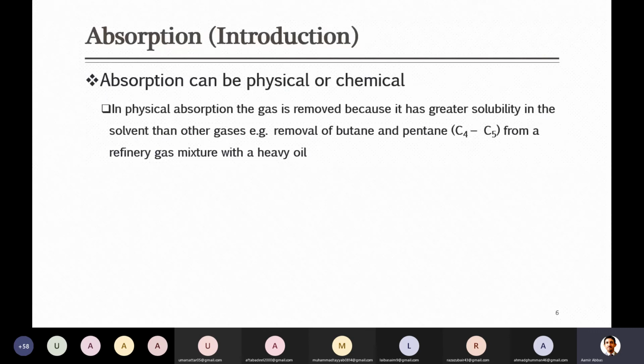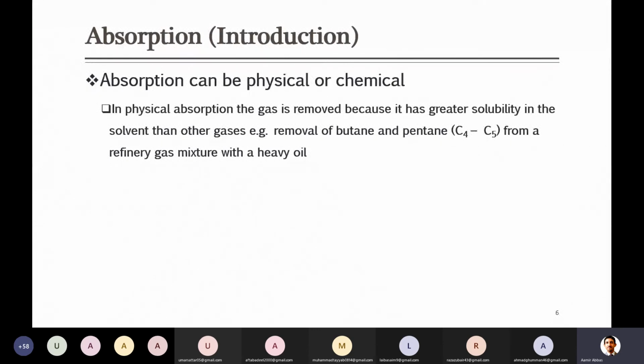So in physical absorption, we are removing some components of the gas. All those gas components which have a good affinity towards the liquid are removed, and here the forces are simply weak bonding forces. There is no proper bond formation, only weak forces like hydrogen bonding, van der Waals forces, dipole moments.